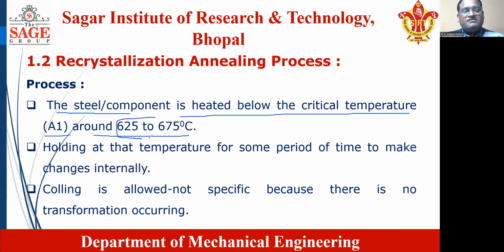In the stress relieving process, we found the temperature range was 550 degree Celsius. It means this process takes place at a little higher temperature as compared to the stress relieving process. Then the second stage, holding at that temperature for some period of time to make changes internally.